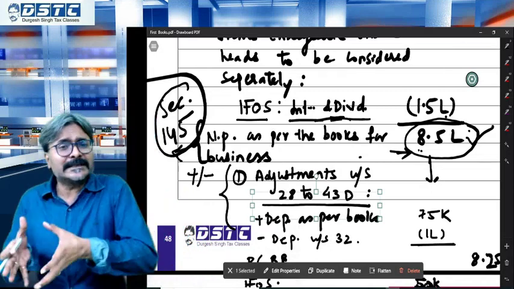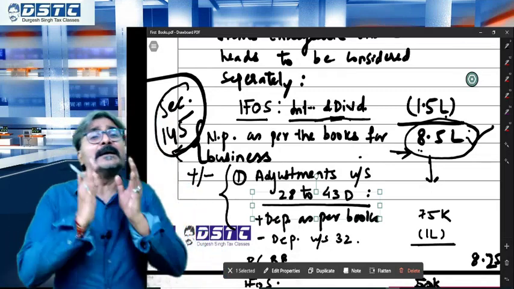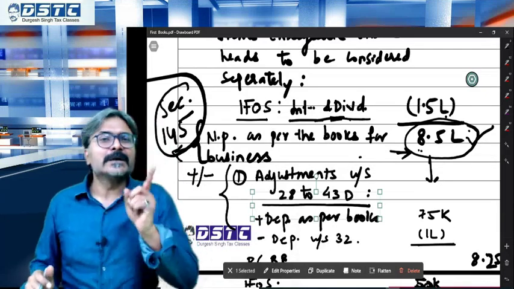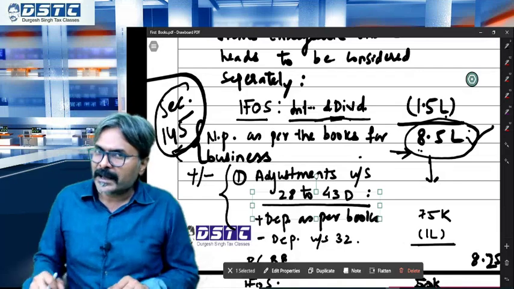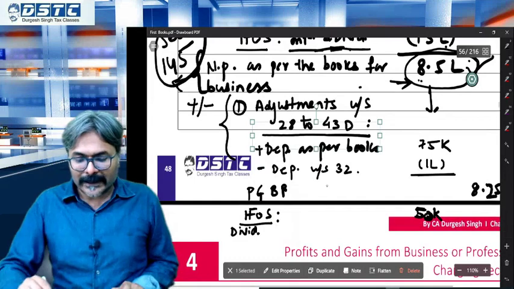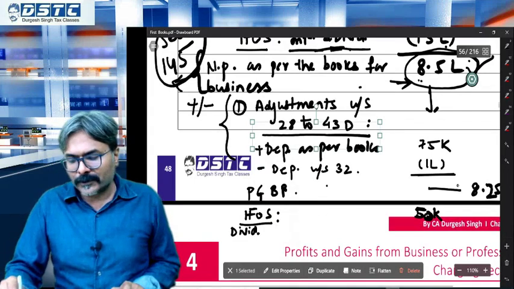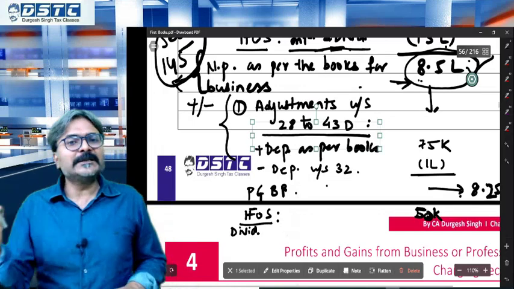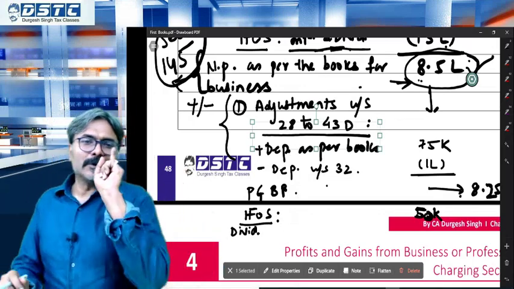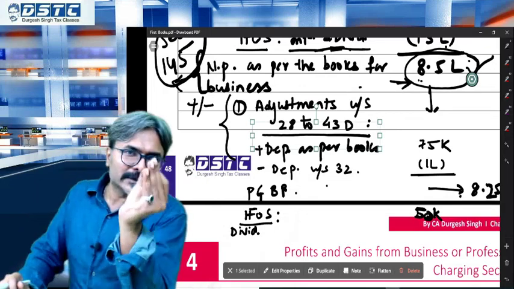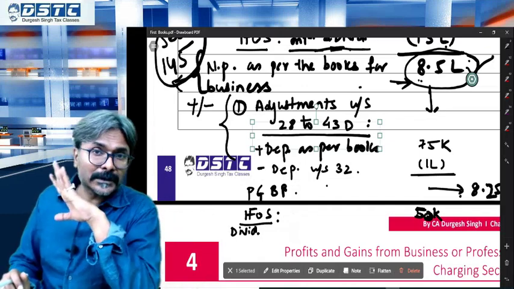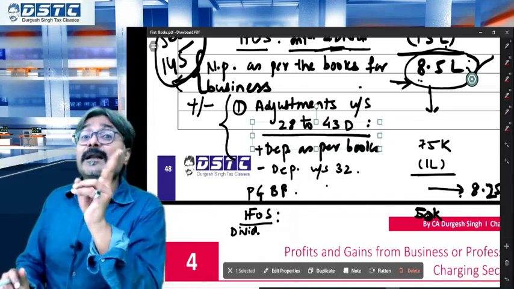And while I do the adjustment in that head PGBP, there is no provision which specifically disallows this particular loss of stock by fire. And if it has not been disallowed, the PGBP computed is the correct PGBP. So there is no provision in the head PGBP which disallows it, and hence this deduction is allowed to you.